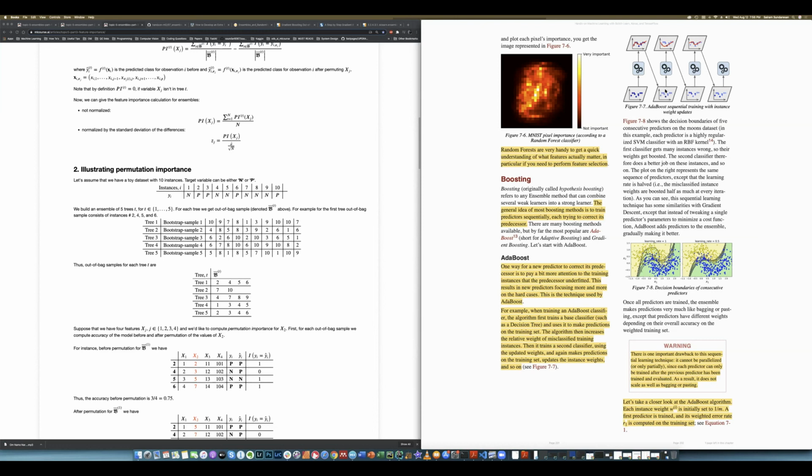I then take this new weighted training set, rinse and repeat. Over the course of doing this multiple times, eventually I get a set of models that compensate for each other's weaknesses. So that's the idea of AdaBoosting.